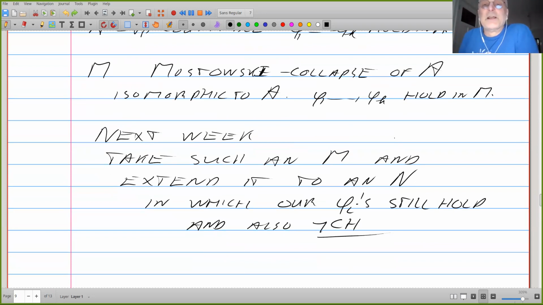And maybe along the way, I will try to keep the example illustrated by means of the example that we'll use to force not CH. And then in the other weeks, we'll look at the example of not CH more closely. We'll try to see if we can make CH true also in some model. And maybe, if we're lucky, we can do one or two more examples.